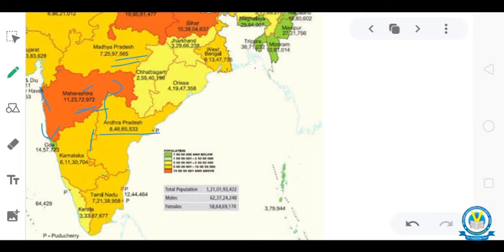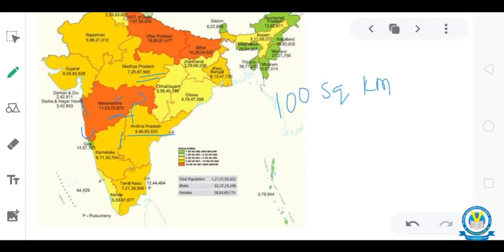For example, if the area of the place is 100 square kilometers and there are 10,000 people in that area. Let us just assume.